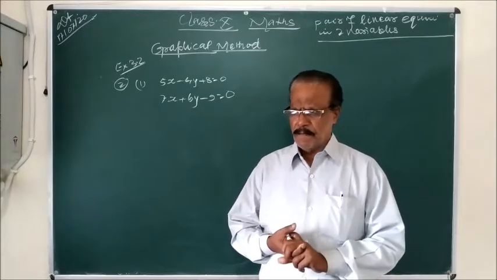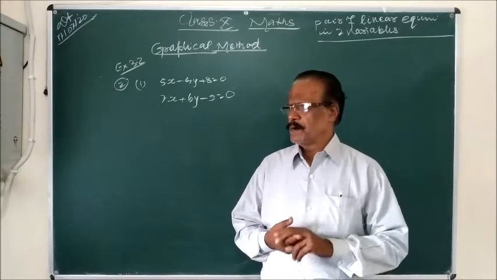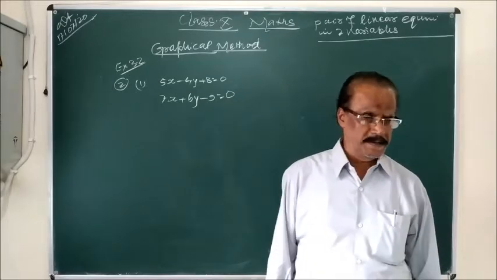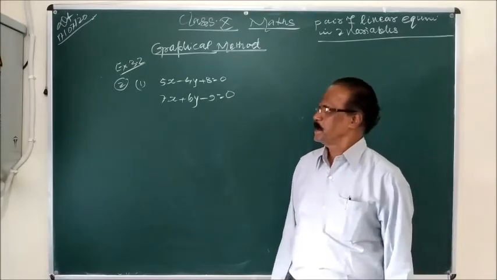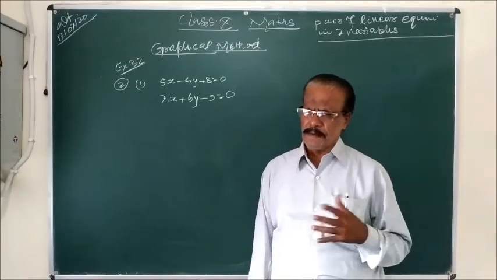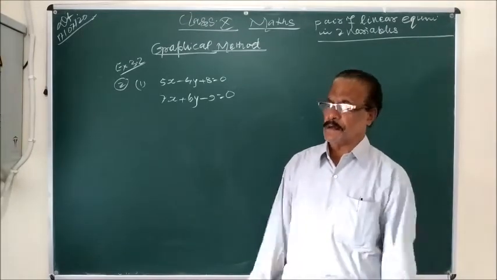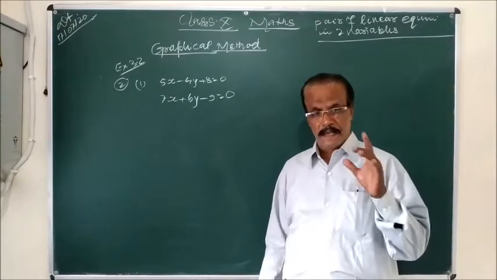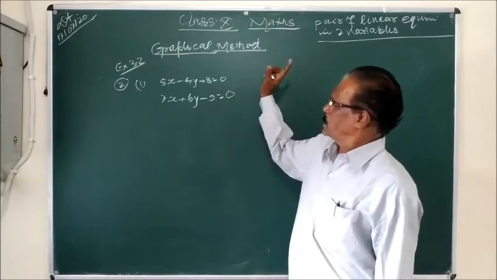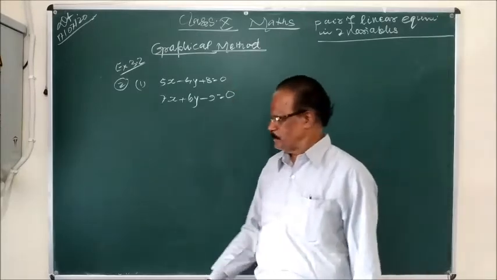But I am again reminding you, the cross multiplication method has been removed by CBSE in this session. You have to learn two methods, substitution and elimination, so far as the algebraic method is concerned. But now, concentration on the graphical method.